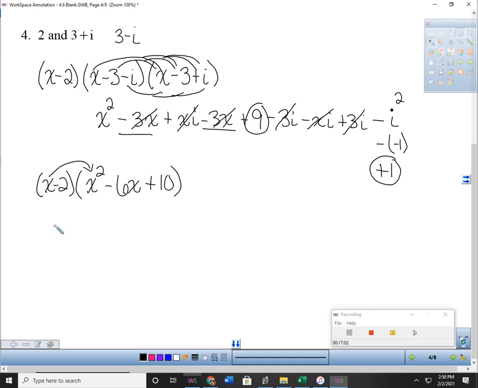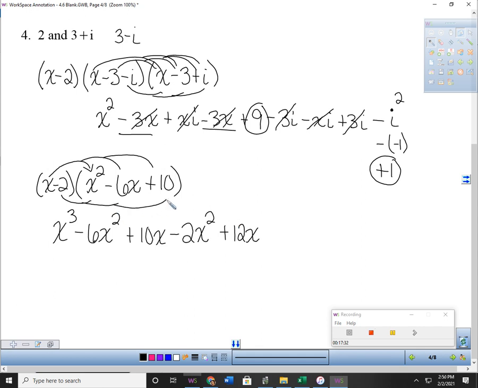x times x squared is x to the third. x times negative 6x is negative 6x to the second. And x times 10 is 10x. Then we'll do the negative 2 times x squared is negative 2x squared. Negative 2 times negative 6x is positive 12x.